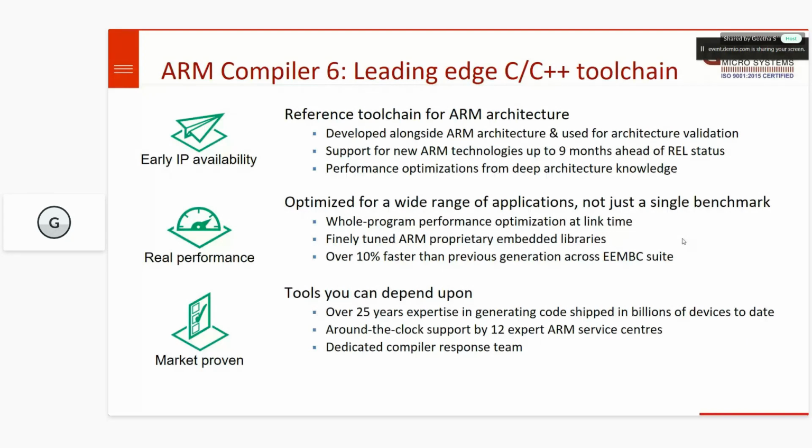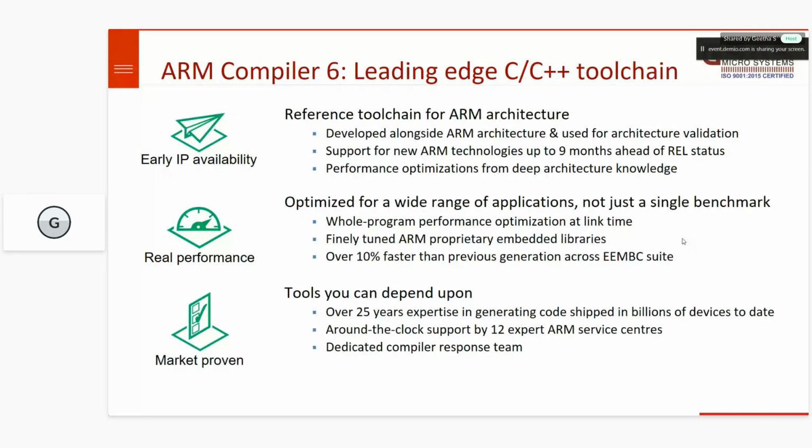Coming to early IP availability, what does that mean? Developed alongside ARM architecture means the team at ARM working on the compiler development also participates with the ARM architecture team, just to know what new features will be added to the architecture, so that the compiler experts can develop the most qualified and optimized compiler support for that specific architecture.